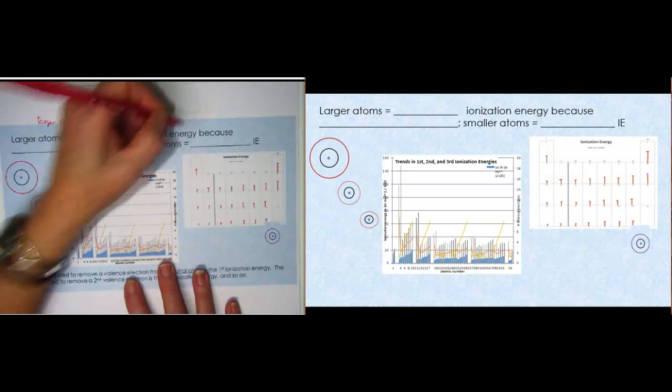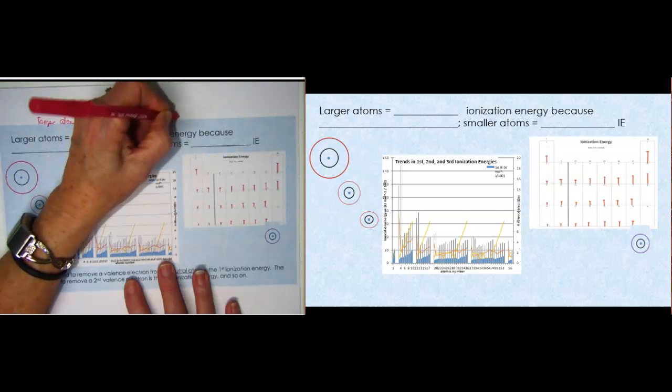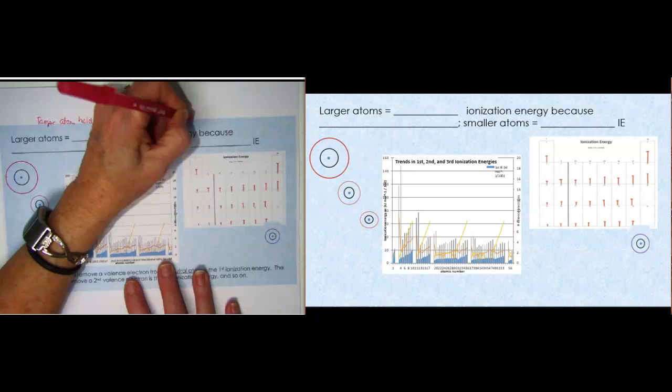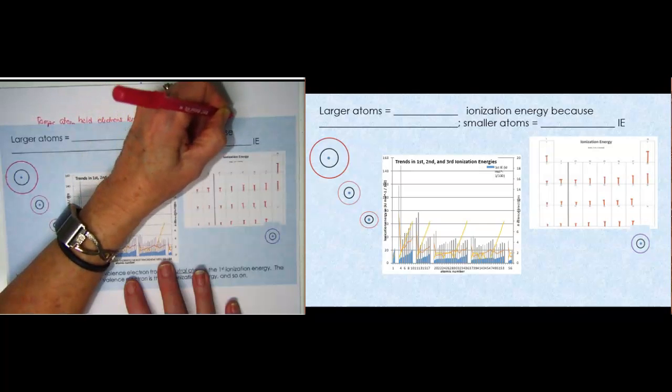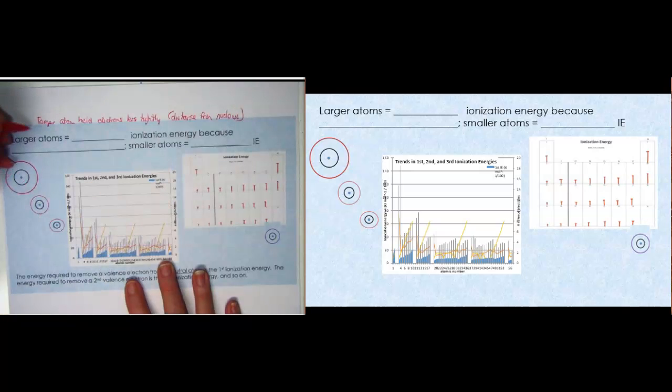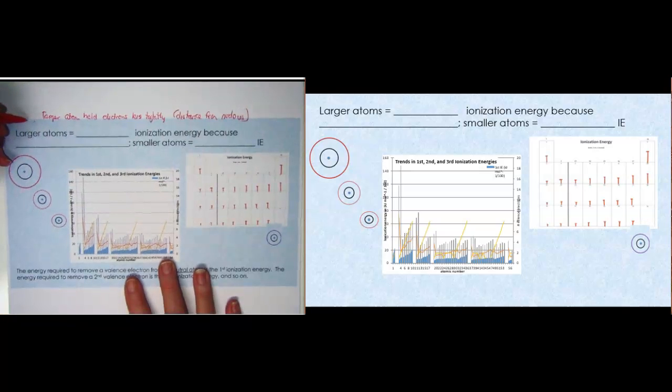Why? Because of the distance from the nucleus. So guys, this is why atomic radius explains every single trend.